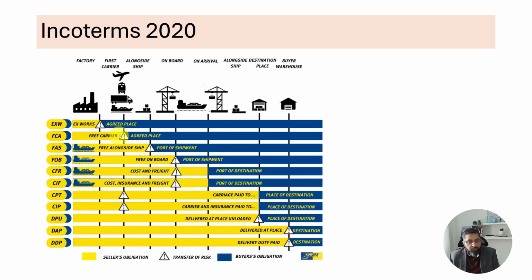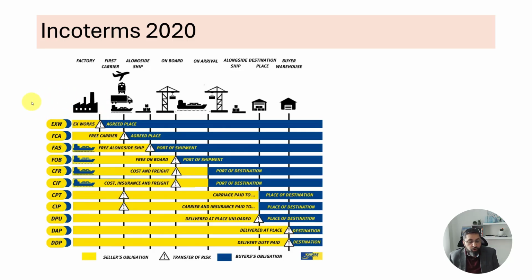And so where the risk passes on, usually the other party, the buyer, also starts to pay for transportation. But in some cases, the triangle with the exclamation mark is earlier, and the yellow changes to blue later on. Okay, so it is possible that the risk passes on, but the seller or the supplier has paid for the journey to a later point.